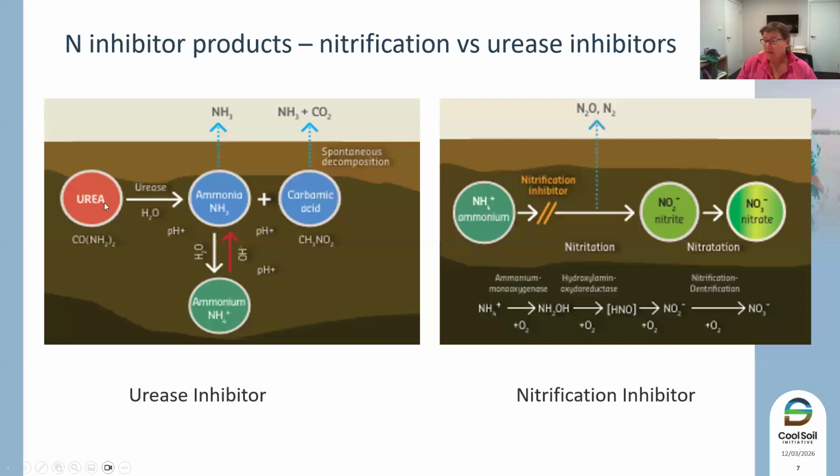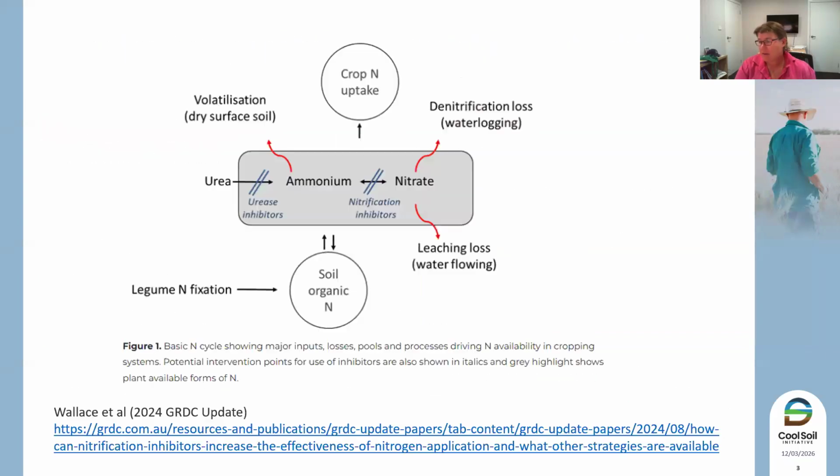The urease inhibitor actually slows down that conversion from the urea granule to ammonia. So if we go right back to the start and we look at this diagram again, the urease inhibitors slow down that breakdown of the urea molecule into ammonium.